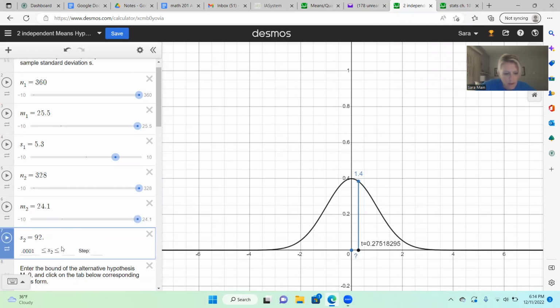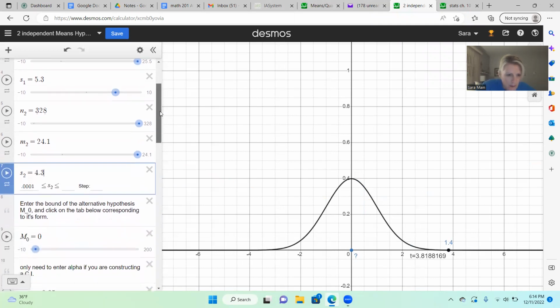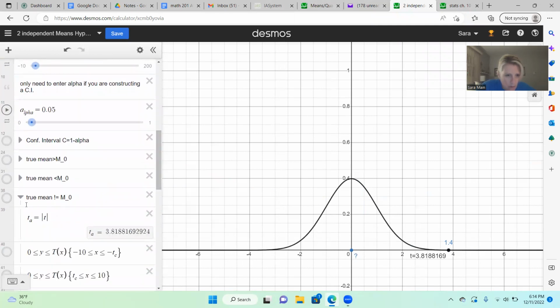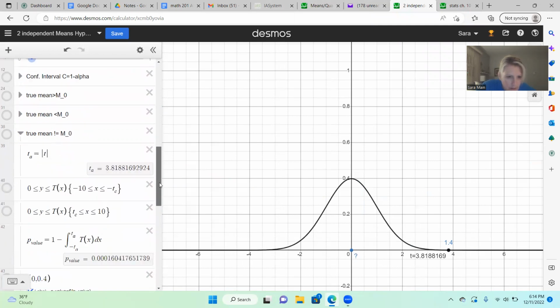Standard deviation of 4.3 pounds. And we're testing that there's no difference, so we're going to have the 0. And we're testing at 0.05. And we're going to go all the way down to the one that says not equal to, that we're testing.